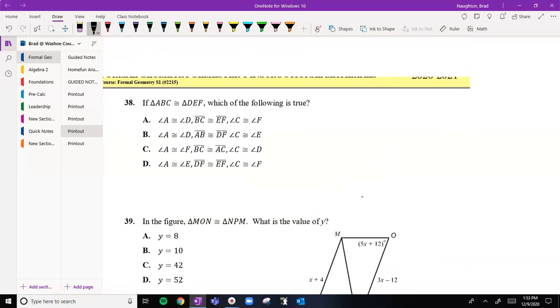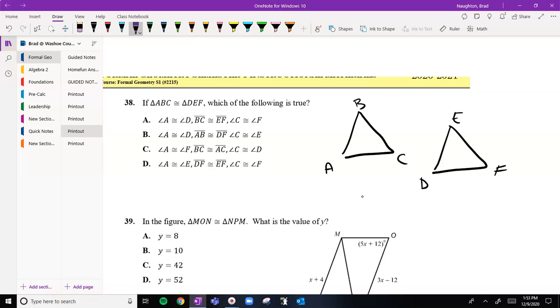All right, which one of these is true? So that means we're just going to go ahead. I would say draw a picture is the easiest way. You don't have to, but A, B, C, D, E, and F. So A goes to D. So these two are the same. So all these have A goes to D except for these two.